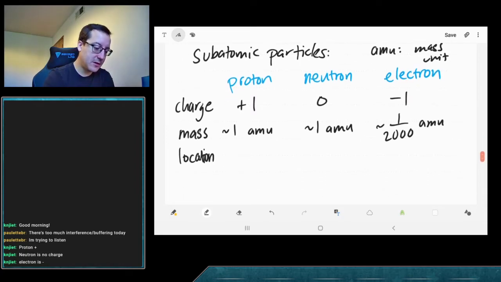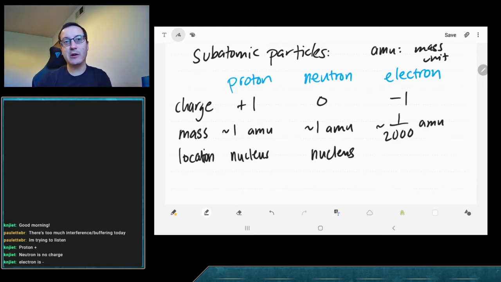We also know that the protons and neutrons are located in one little tiny part of the atom, which is called the nucleus. It's kind of right in the middle. And that's where all those protons and neutrons are hanging out. And the electrons are orbiting the nucleus.